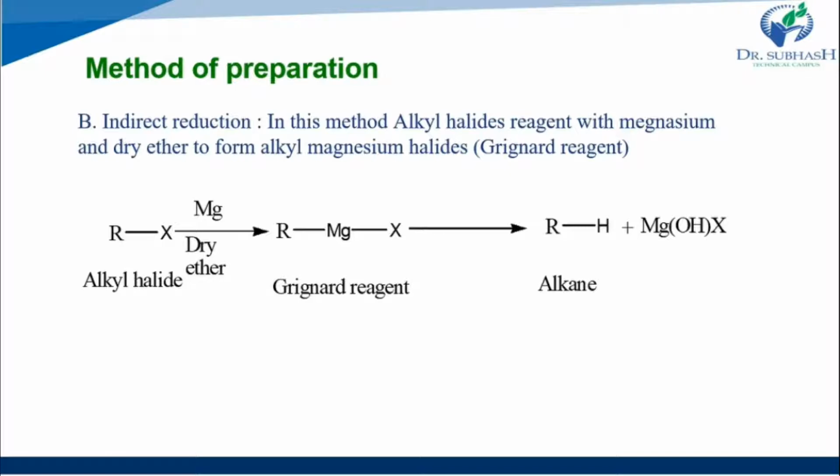This further reacts with water to make an alkane and liberates magnesium hydroxide halide. So this is the indirect method.